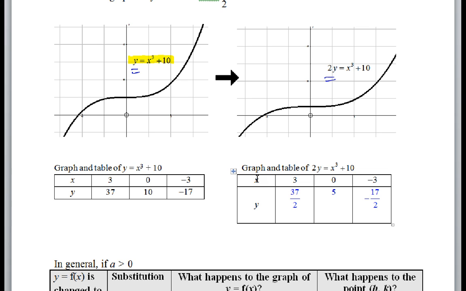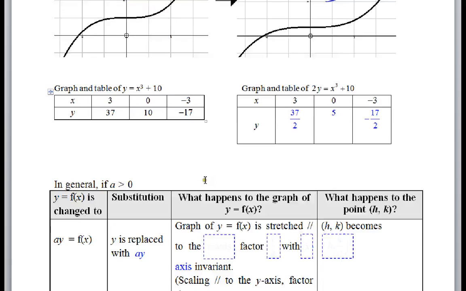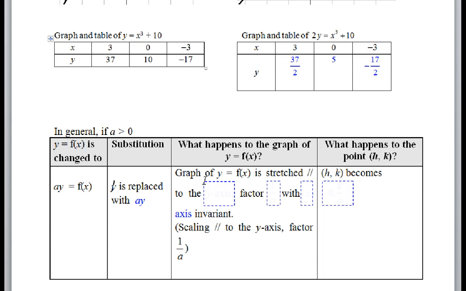So you are actually stretching the graph parallel to the y-axis. You know what I'm saying? For the example when I replace y with 2y, I'm actually stretching it parallel to the y-axis, but I'm stretching it with a factor half.